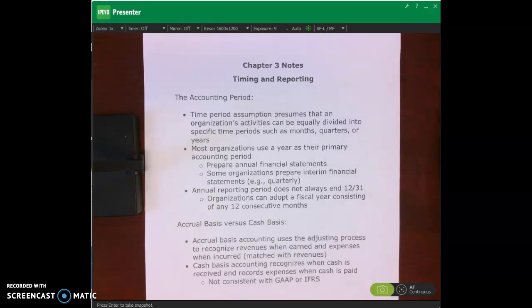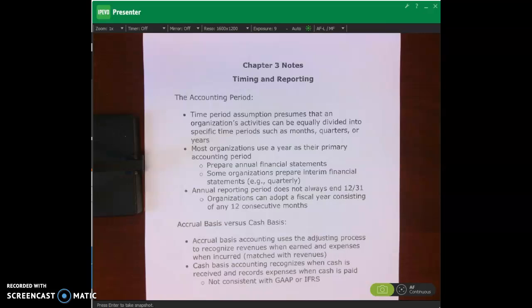Now, does that year have to coincide with the calendar year? As in, does it have to end December 31st? No, it doesn't. There are several organizations, especially governmental organizations, who don't have their fiscal year end 12/31.